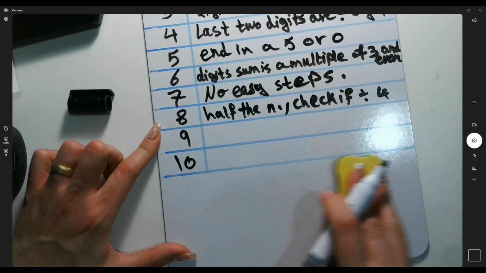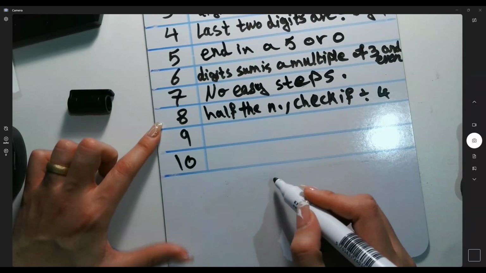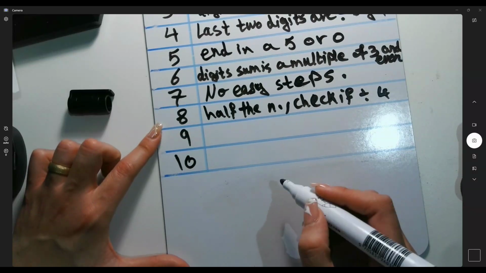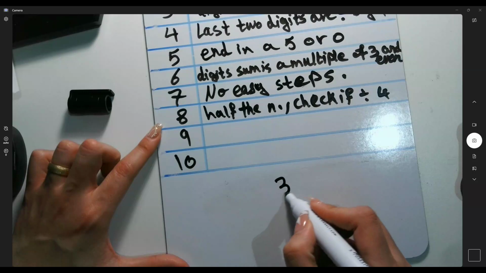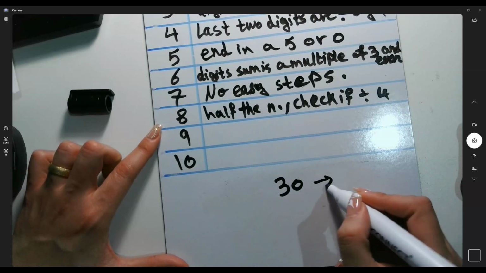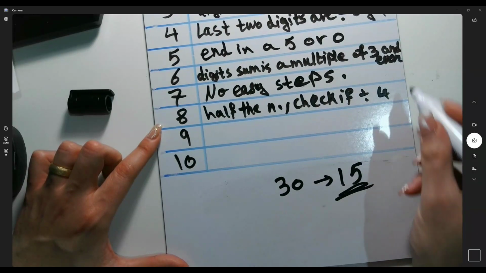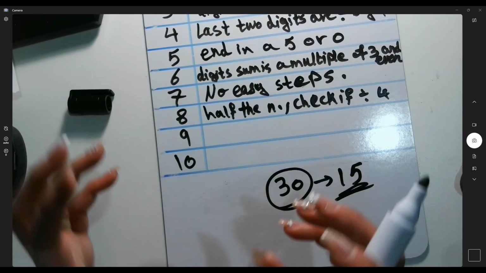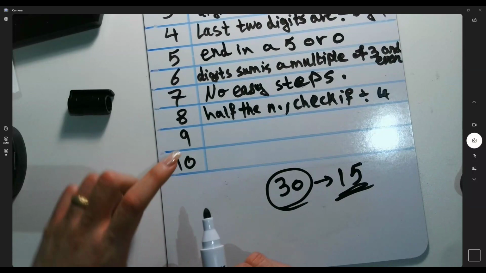This is a horrible example. Let's choose something easy. If I said 30, half of 30 is 15. 15 is not in the 4 time table, so I cannot divide the 30 by 8. Again, this is a trick for you.